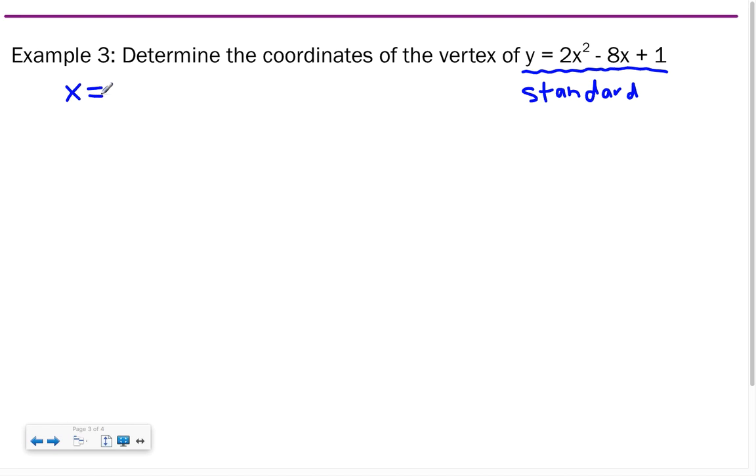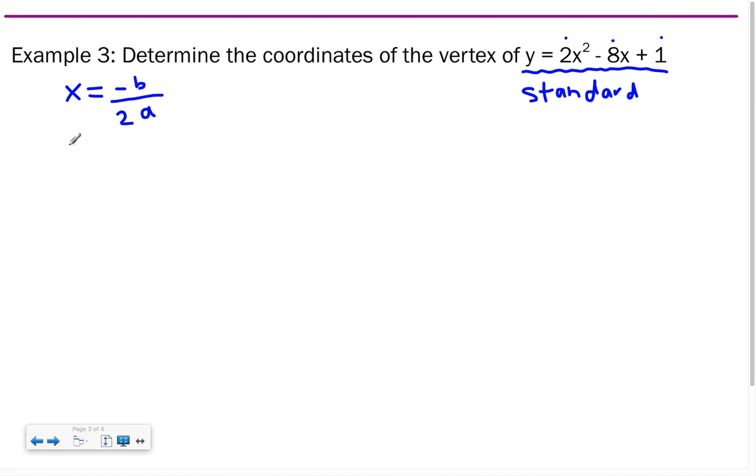And the shortcut method is that we know an equation to find the axis of symmetry, or in other words, the x-coordinate of the vertex. The x-coordinate of the vertex can be found by doing negative b over 2a. Remember, the coefficient of x squared is our a value, the coefficient of x is our b value, and then the number on the end that never changes is our c value.